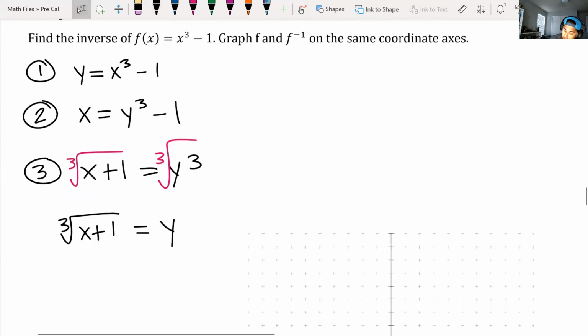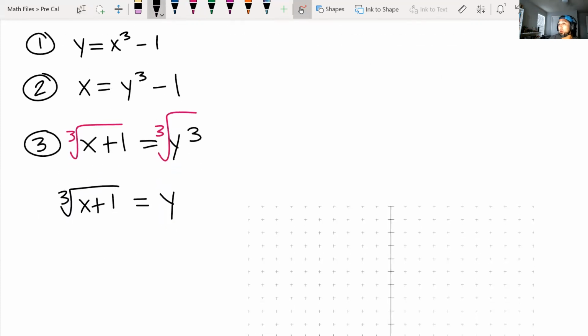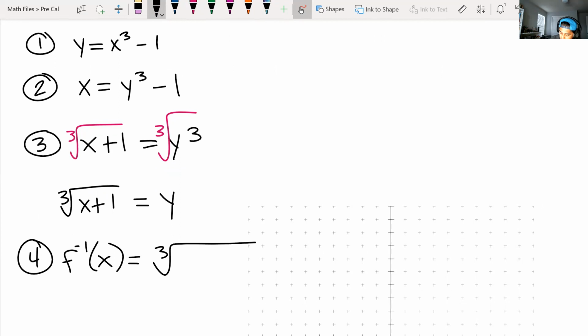And then step 4, we have found the inverse. So write it as the actual inverse. So there's the inverse.